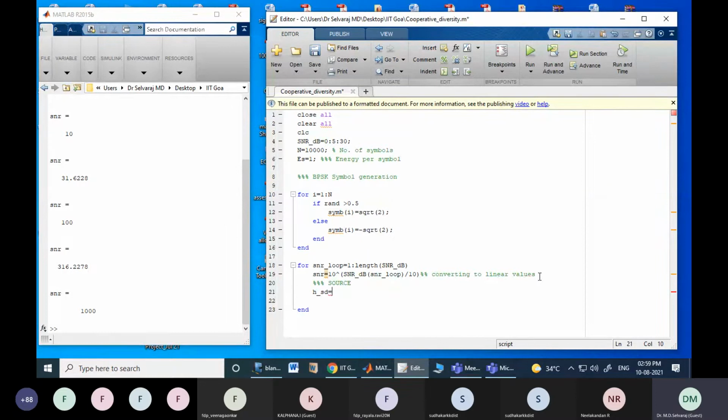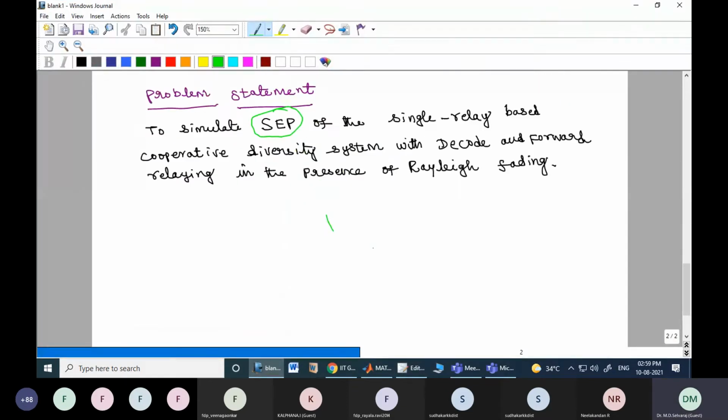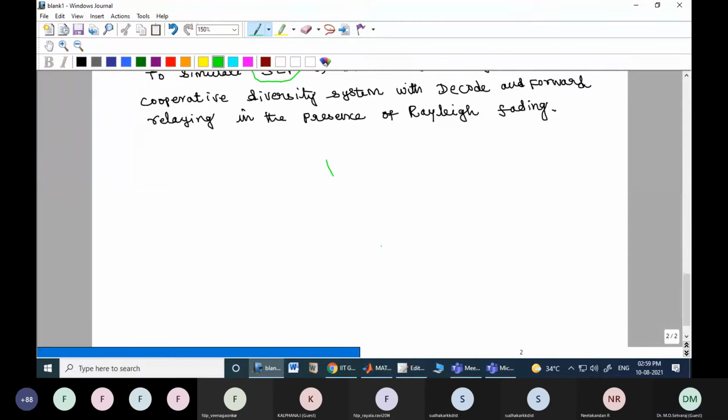Here one thing we need to do. What I'm going to do is that I'll just first explain, then I'll come back to the program. I hope my screen is visible.